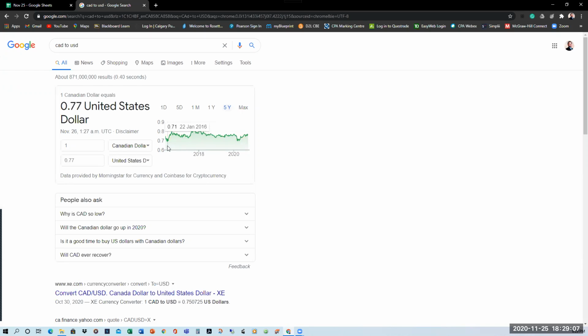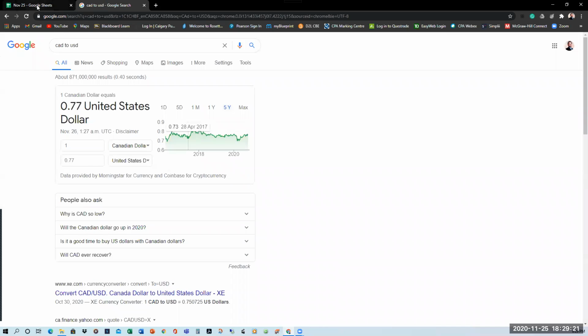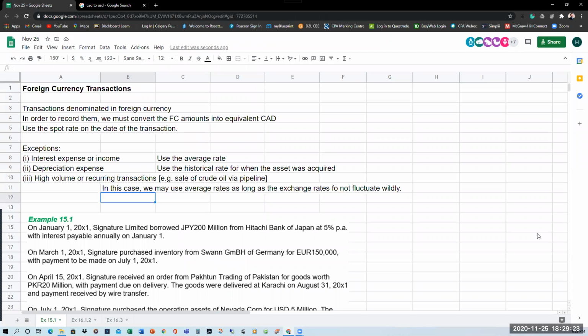It went to a low of 0.71, went up to 0.79, and keeps changing, goes up to 0.8. If you go farther back, the lowest that the Canadian dollar has gone, I think, is 67 cents, something like that. I think it was projected to go as low as 60 cents US.